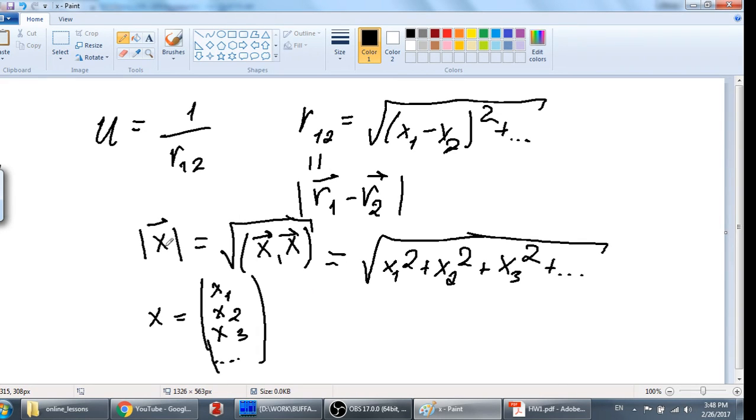So in our case, x is a difference between two vectors r1 and r2. So instead of these components, we'll actually have the corresponding components of the differences.